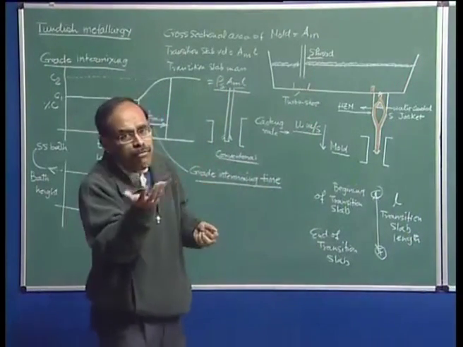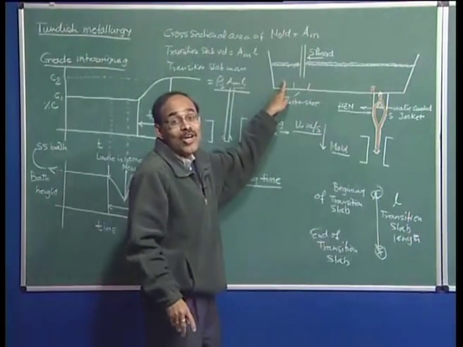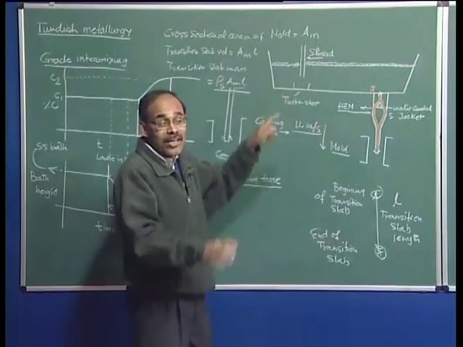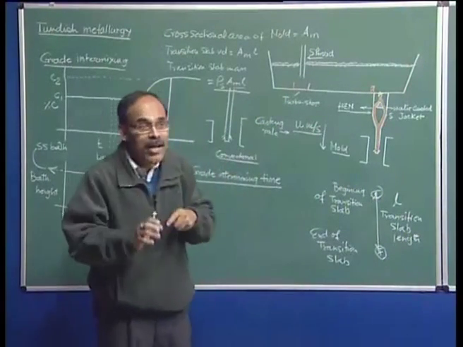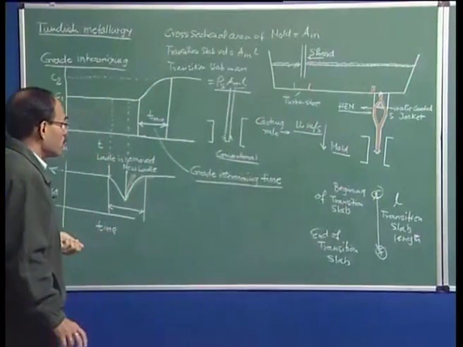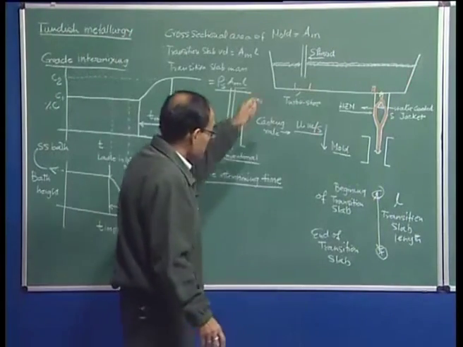If you are changing grades frequently and using the same tundish, you can imagine how much rejection there is. So, in small alloy steel plants, grade intermixing is a very important problem, because it has tremendous influence on the economics of the steel plant.